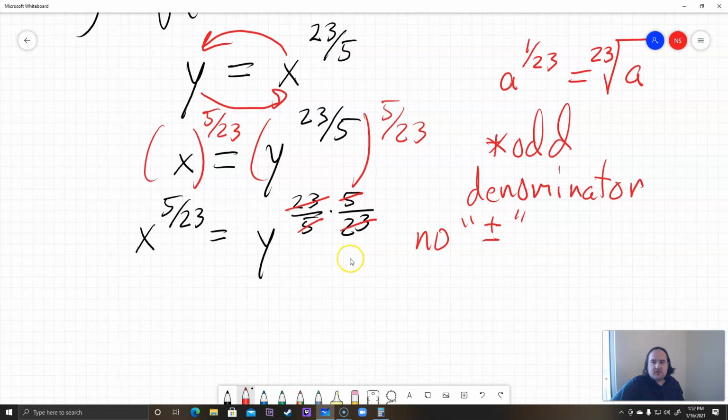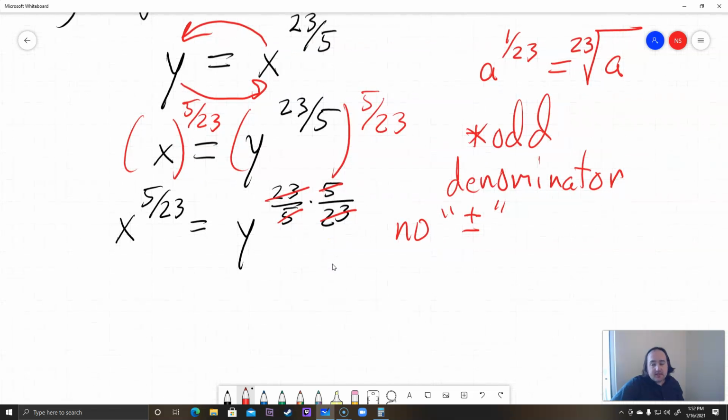And I know that algebra is a little bit tricky here, but once you get used to it, this is actually a pretty easy problem. It's just a matter of understanding how to do it. Okay, so what we got here is on the right side, we just have y to the 1. Okay, and y to the 1 is the same as y. So we have y equals x to the 5 over 23.